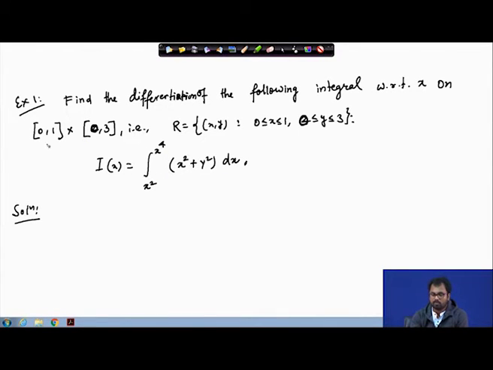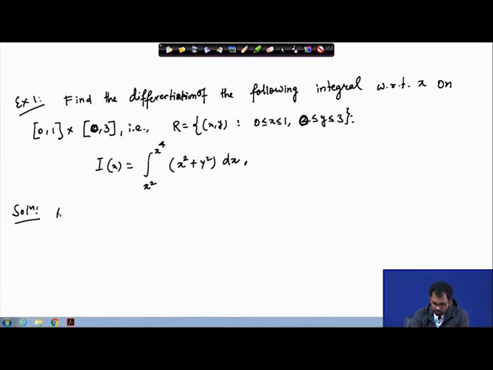They also map from [0,1] to [0,3], and this function x square plus y square, since it is an algebraic function, is continuous, and not only that, the partial derivative with respect to x is also continuous in this domain. So all the conditions for the Leibniz rule of differentiation are satisfied, so we don't have to worry.